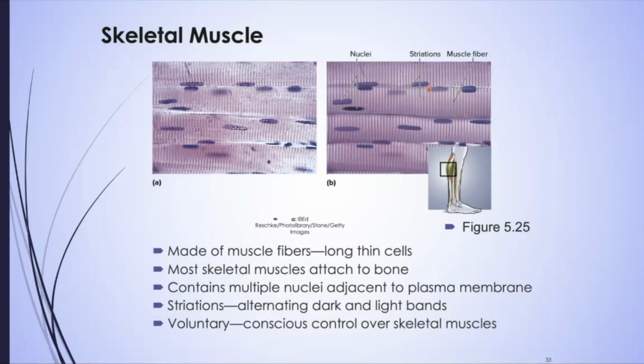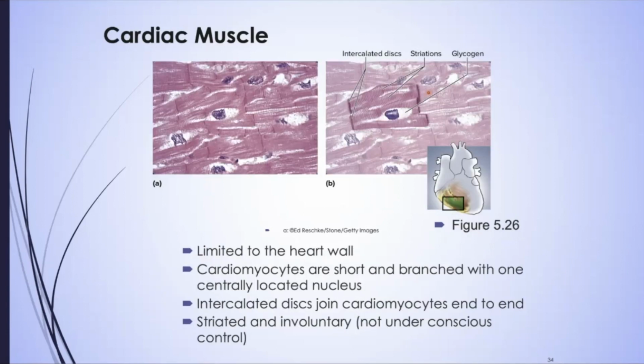So this is multinucleated versus cardiac, one central nucleus. You should be able to right away pick out the difference between those two. Cardiac muscle is striated and involuntary, not under conscious control. You don't sit there and think, oh, I've got to make my heart beat. No, your heart's just going to beat until it doesn't.